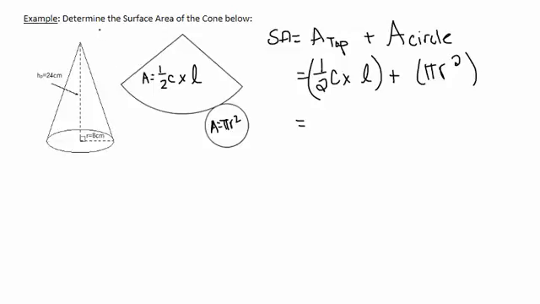Remembering that we have that triangle we can pull out, with this being our slant height, this side is 8 and this side is 24. And since it's a right angle triangle, we can use Pythagorean theorem.